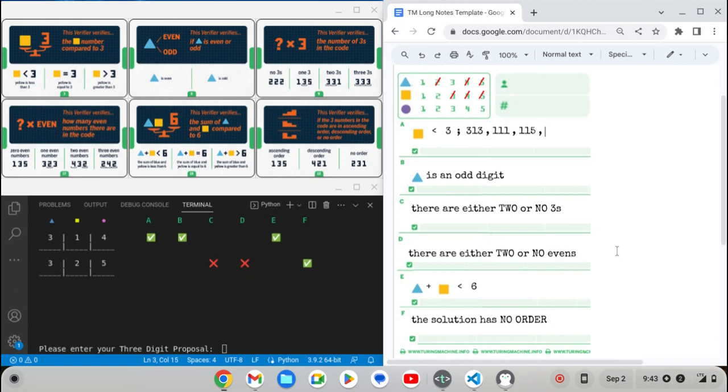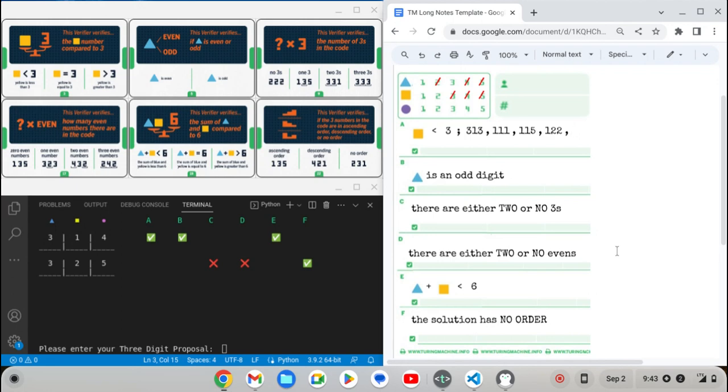And so, yeah, I guess 122 could work, but not 124, because that's actually increasing. Okay, so let's see. So we have 111, we have 122, 121.